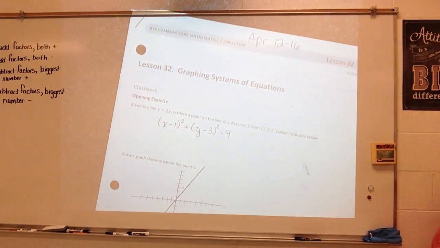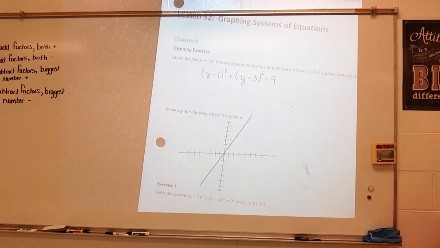So if I create a circle at this equation, then I'm going to see that there are 2 points that I can get with the distance of 3.